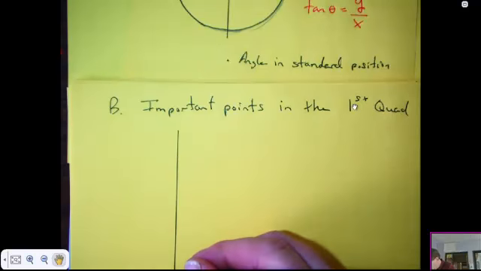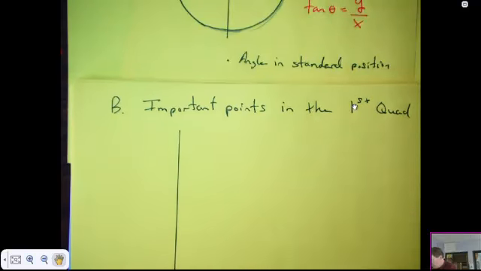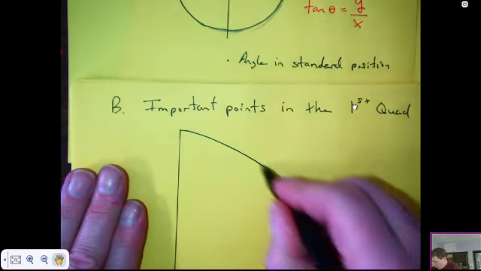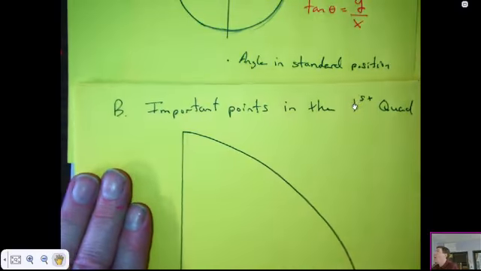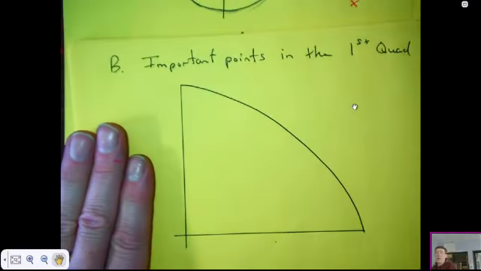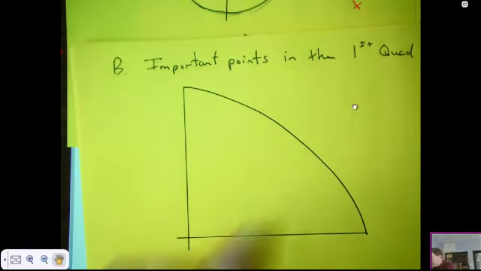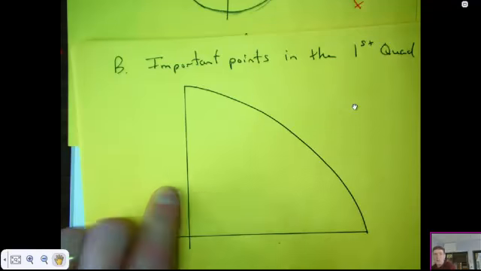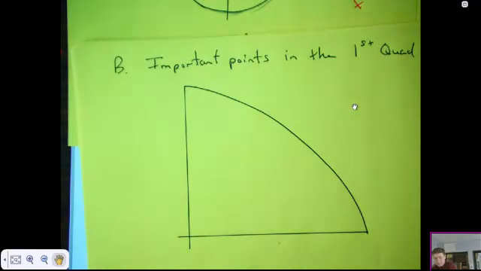So we'll say this is the first quadrant. Alright, so that's the first quadrant. So this is the outside of the unit circle in the first quadrant.